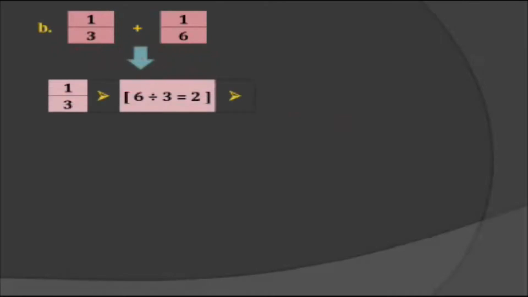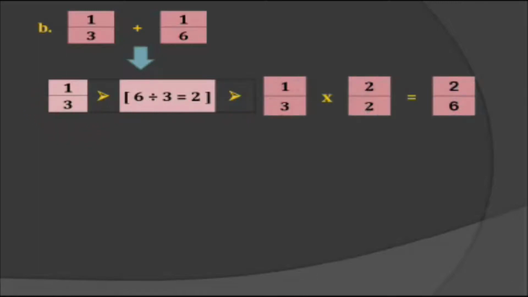Now we can see that the denominators are different, so we need to convert these into like fractions. The denominator is 3 here, so we will divide this LCM by the denominator. So 6 divided by 3 is equal to 2, and we will multiply 1 by 3 by 2 by 2, which is 2 1s are 2 and 3 2s are 6, right?